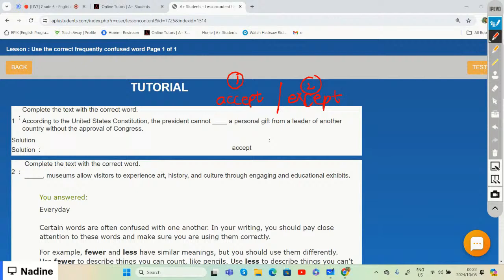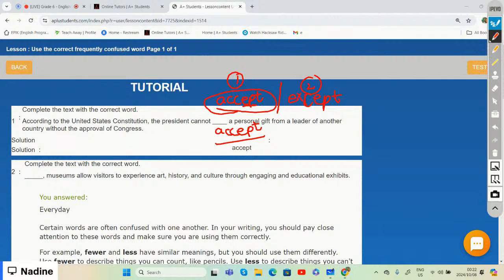All right, if we were to choose the correct option, we would say, according to the United States Constitution, the president cannot accept, option one, with an A double C E P T. He cannot accept a personal gift from a leader of another country without the approval of Congress. Yes, well done. Option one is correct.